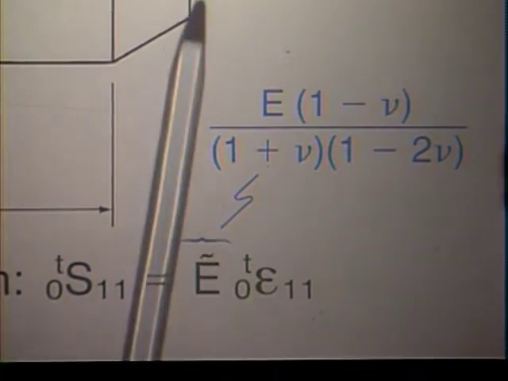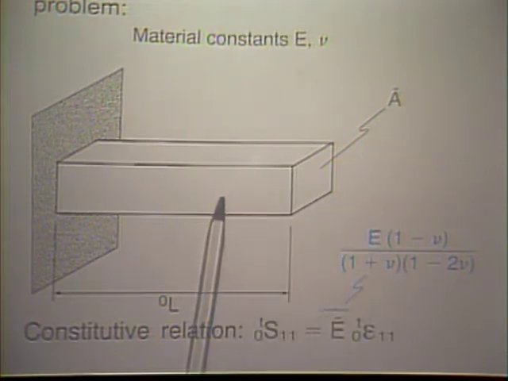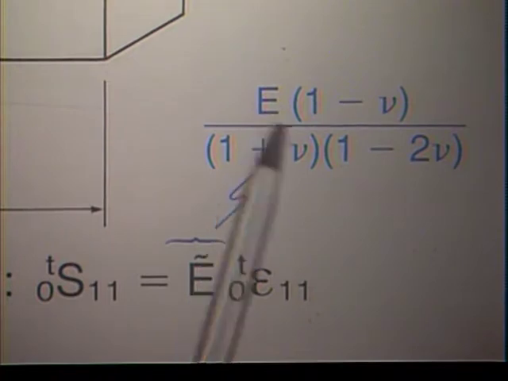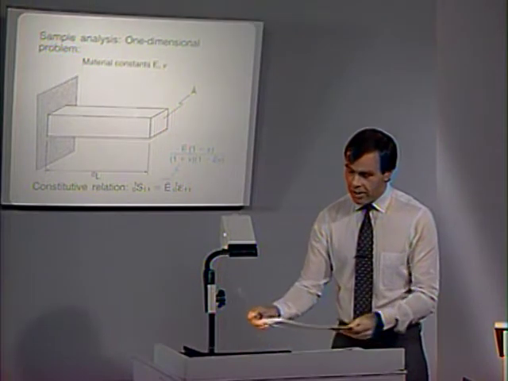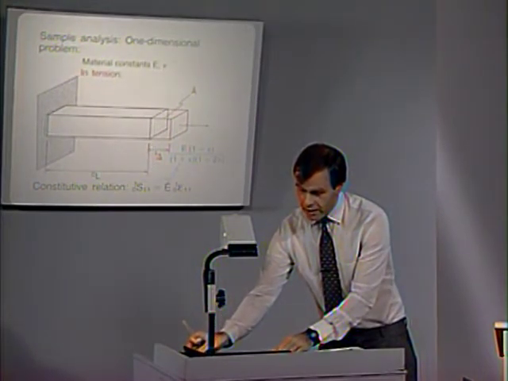We assume that the area A bar remains constant when we pull the bar out or when we push it in. This E curl here is given via this relationship here, E being the Young's modulus, nu being the Poisson ratio. In tension, the bar would be pulled out as shown here.